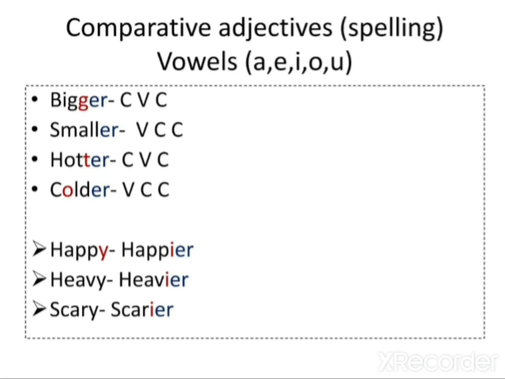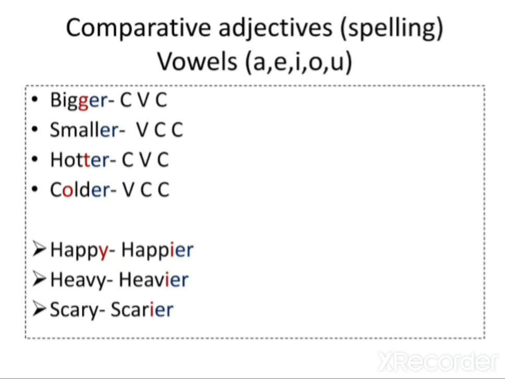These are some two syllable adjectives that we can add ER on. So when we add ER, we need to change the Y. We change the Y to I. So we have happy, the Y becomes I, and then we add ER.